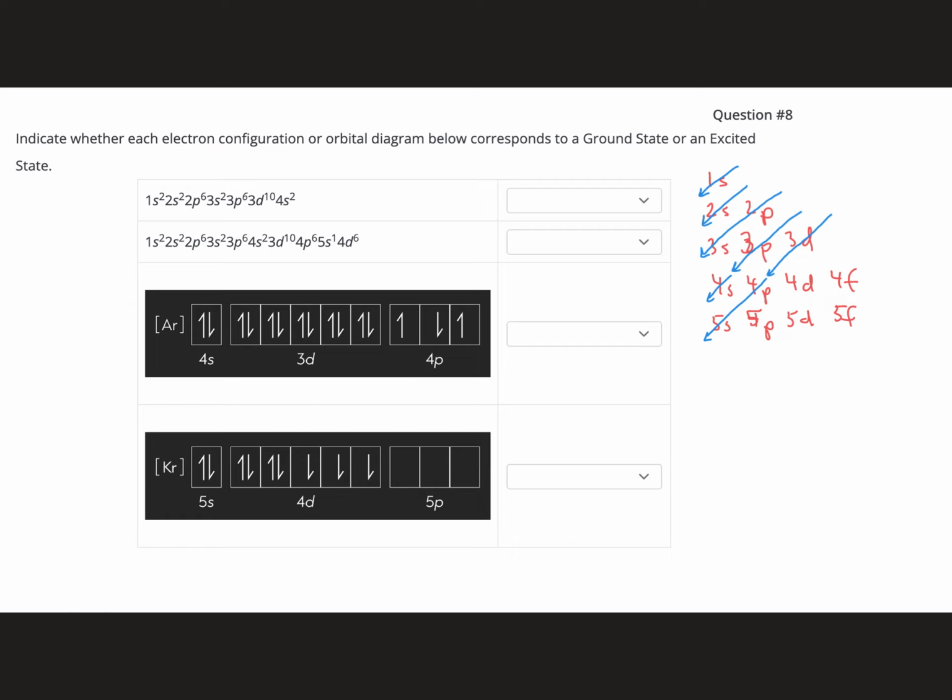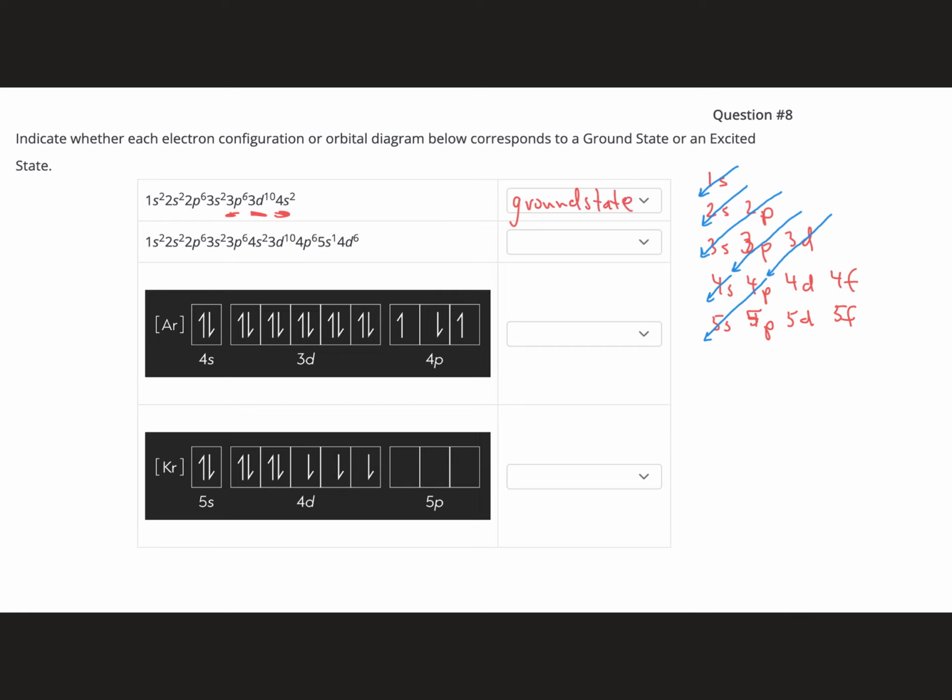So if we look at the first question here, you can see 3p, we've got the 4s filled, and then they just write this in numeric sequence, but they filled 4s, and then 3d was filled as well. So this would be a ground state configuration because of that.